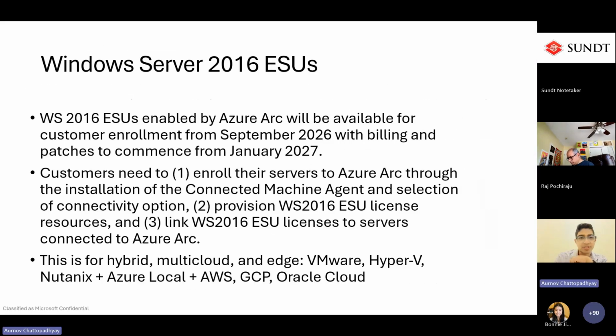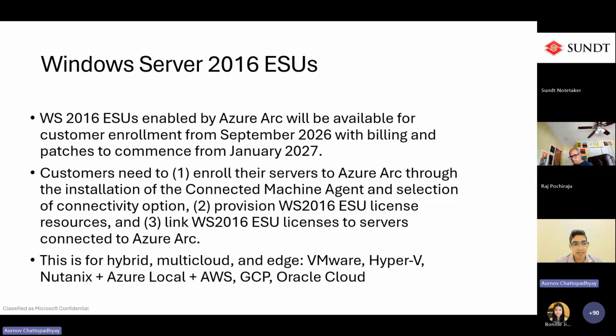There's a little bit of time versus SQL Server until the Windows Server ESUs start, but Windows Server 2016 is going to reach end of support in January 2027, and customer enrollment will likely begin in the September, October timeframe. So what's coming up next? Customers will need to enroll their machines through Arc.